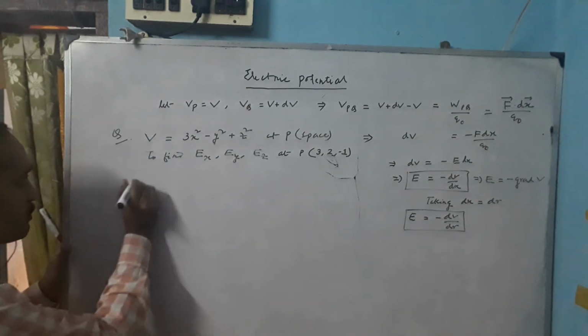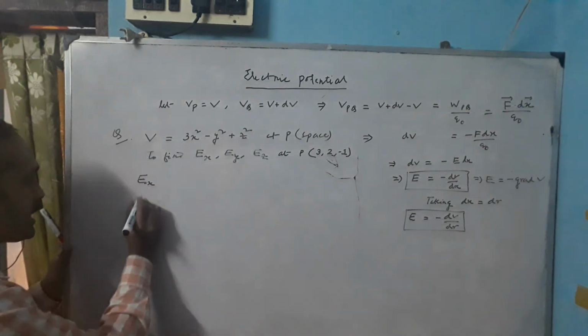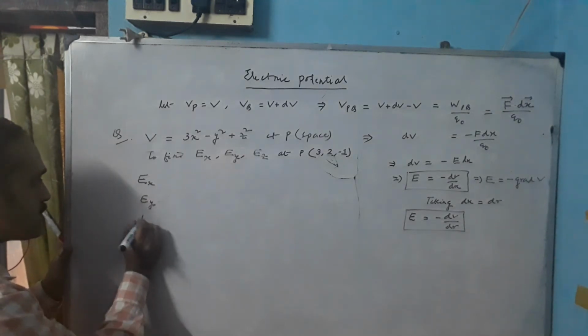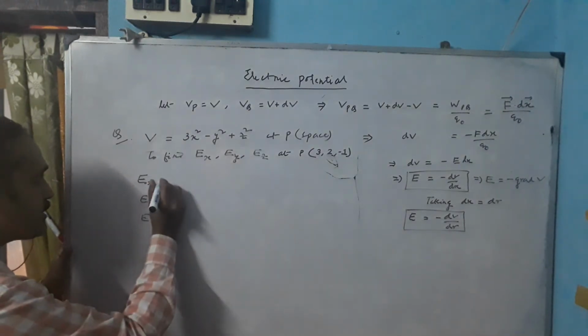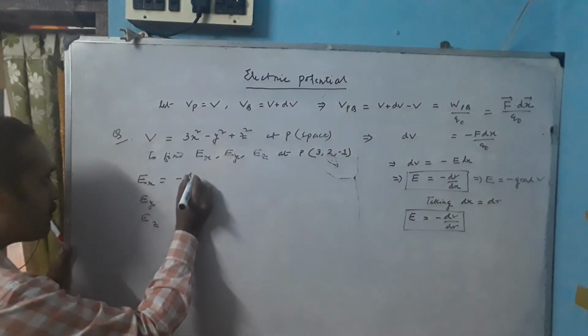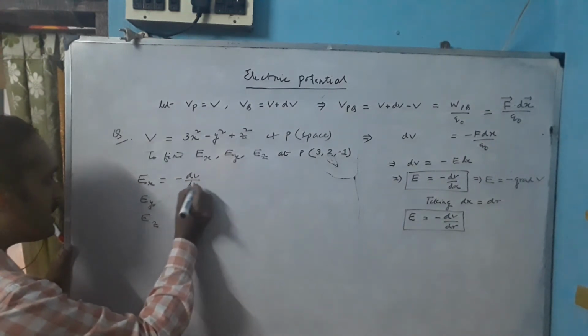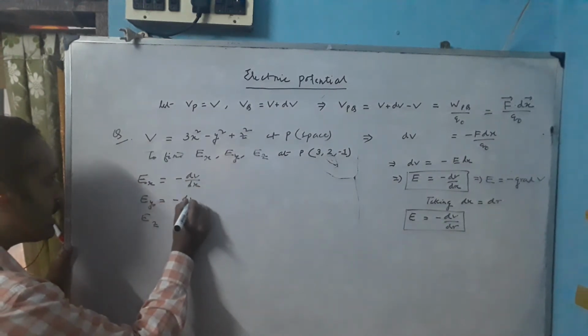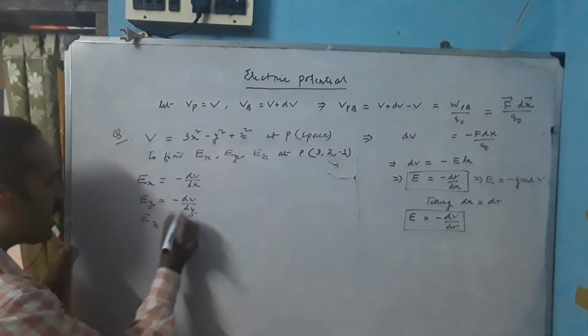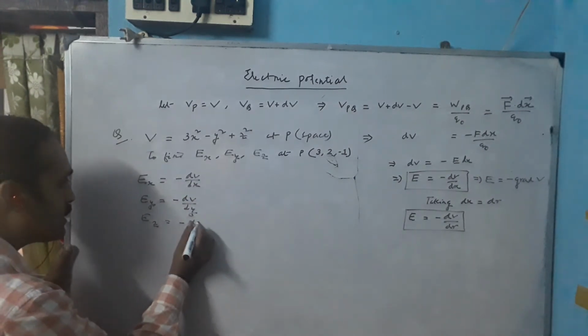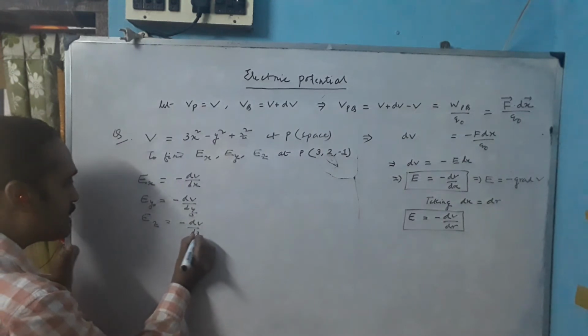So what we will be doing is writing separately Ex, Ey and Ez, like minus dV by dx, then minus dV by dy, and then minus dV by dz.